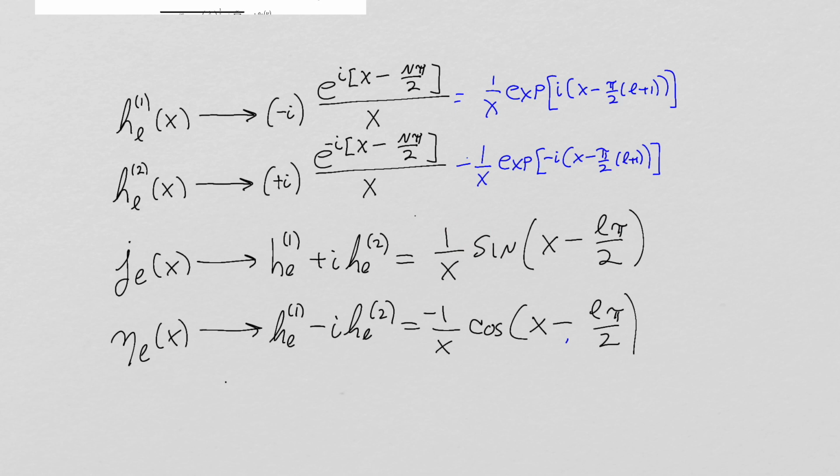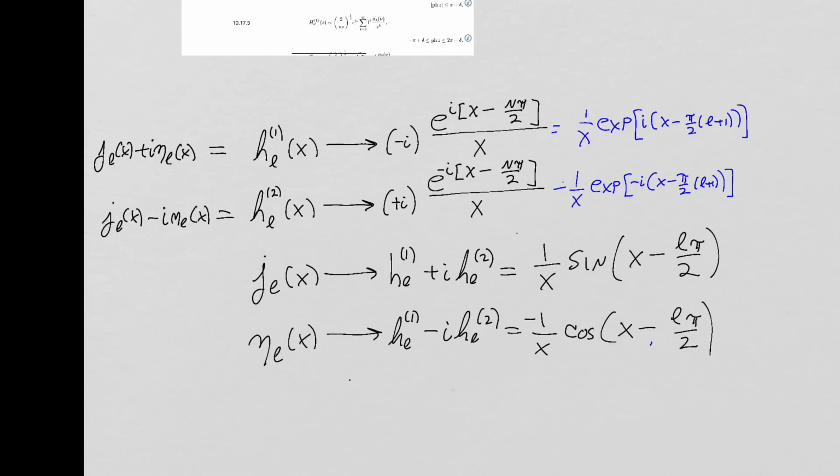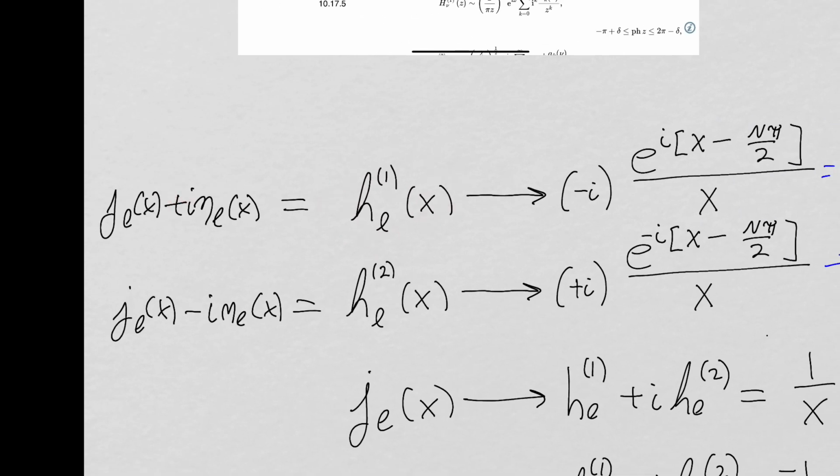And I think I've got a mistake here, right? Hold on. Yeah, I've got a mistake. Remember, the first Hankel function is the Bessel function of the first kind plus i times the Bessel function of the second kind. And the second Hankel function is just the complex conjugate of that.